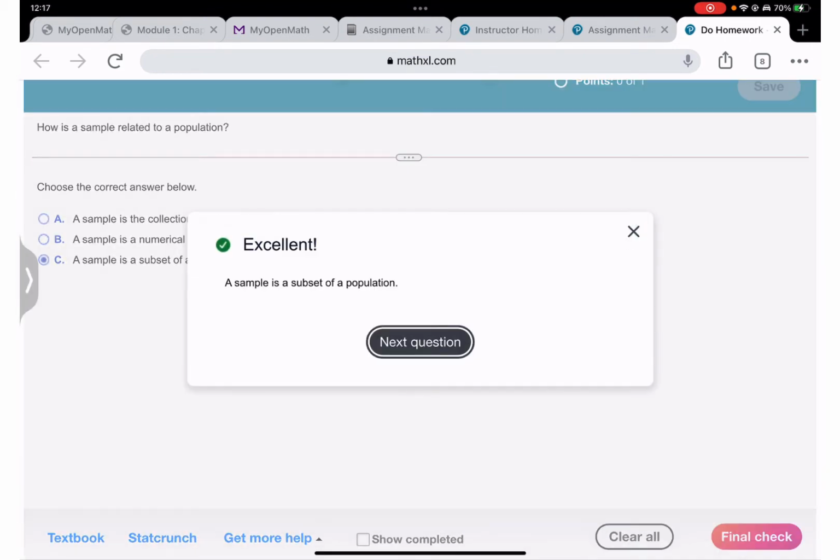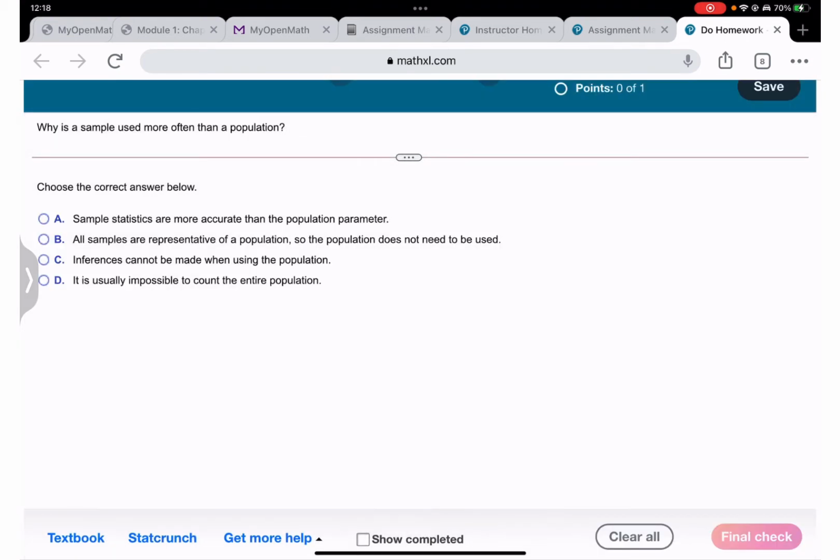Final check. Bingo. Next question. Why is a sample used more often than a population? Because usually it's impossible to research the entire population. Let's say you want to research the behavior of dolphins.